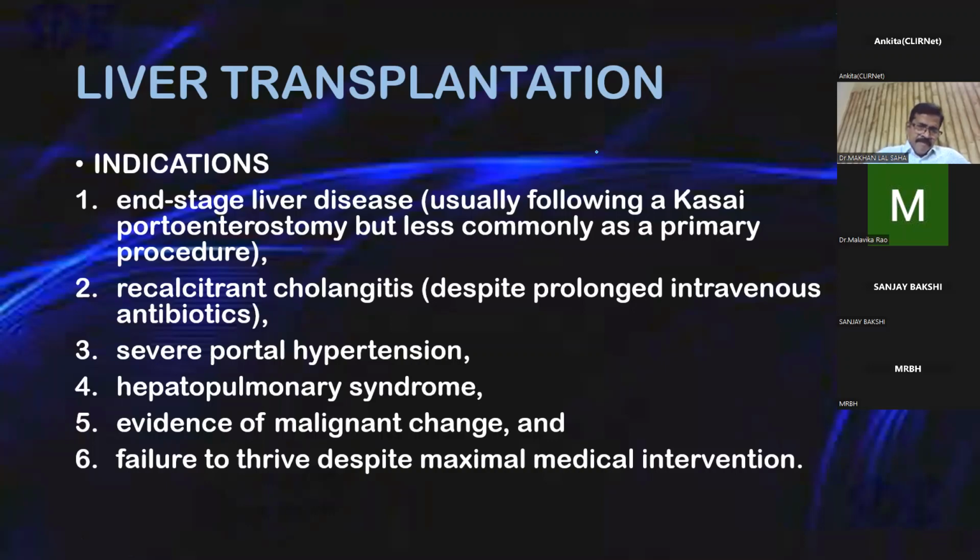If you waited longer than 8 weeks, this child has progressive liver damage. There is severe portal hypertension, hepatopulmonary syndrome, evidence of malignant change, and failure to thrive despite maximal medical intervention. So these are the indications for a liver transplant in biliary atresia.